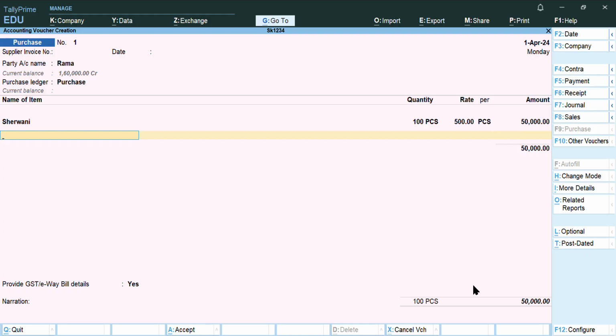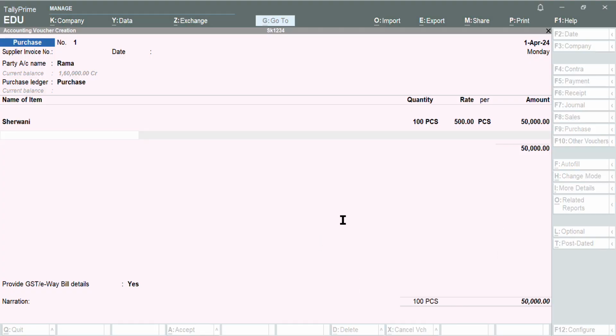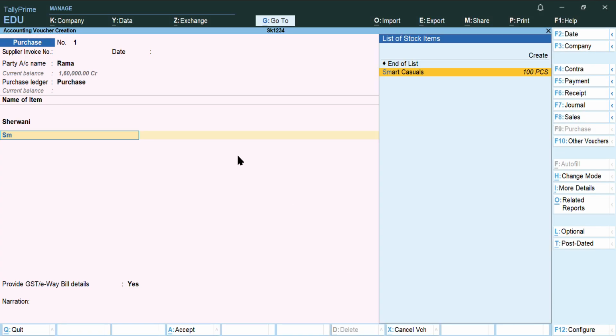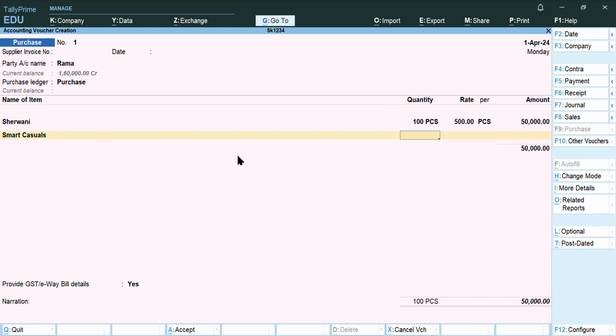Let me show you. The next thing that you purchased is say smart casuals, 100 units for 600 each. So the question may say 100 units for 60,000. Now if we write smart casuals 100 units, see smart casual come 100 units, suppose it is 60,000. It has automatically written 600 because the transaction earlier the balance was at 600.